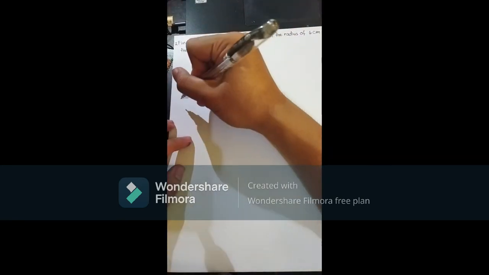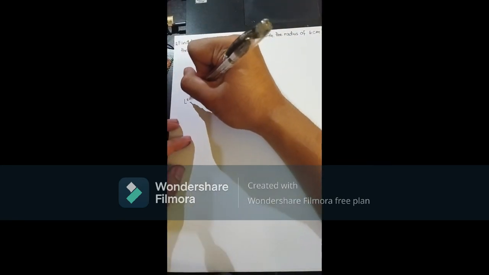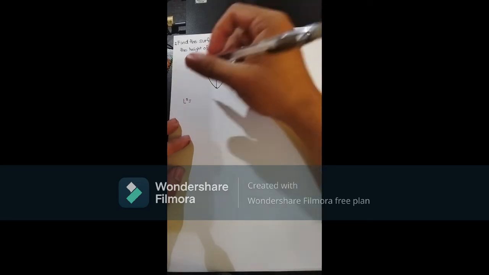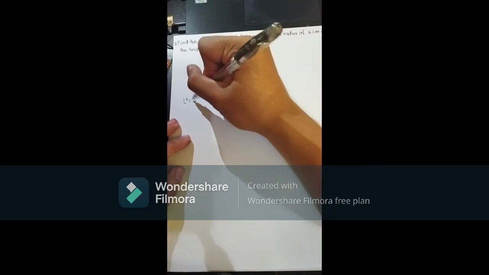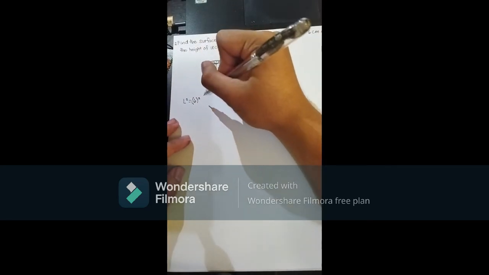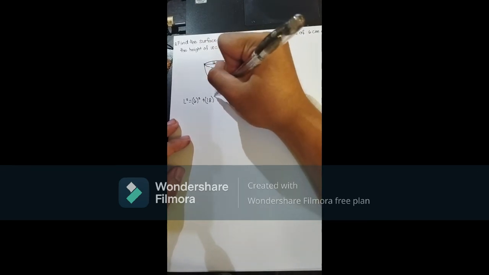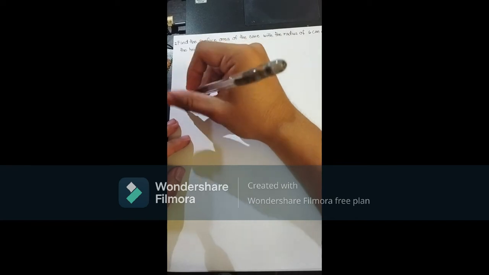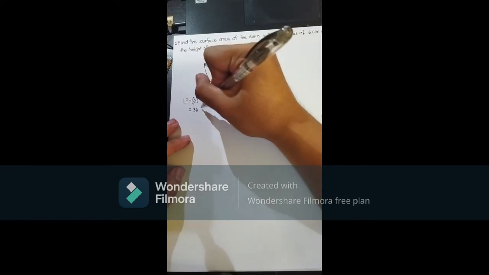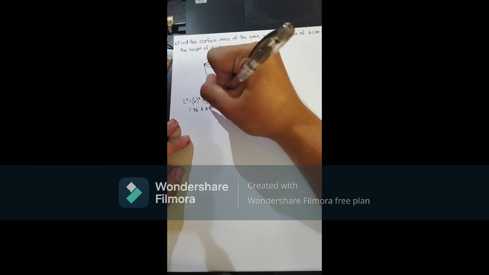So L squared is equal to, the radius is equal to 6 centimeters, so we're going to square it, plus 18 squared as the height. That equals 36 plus 324.